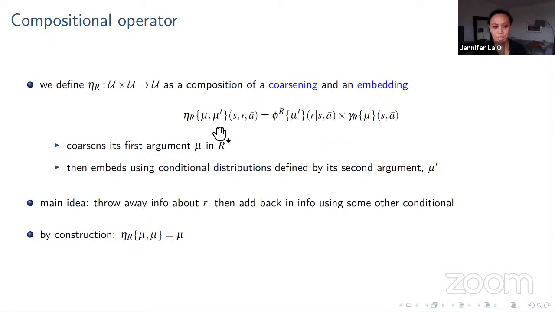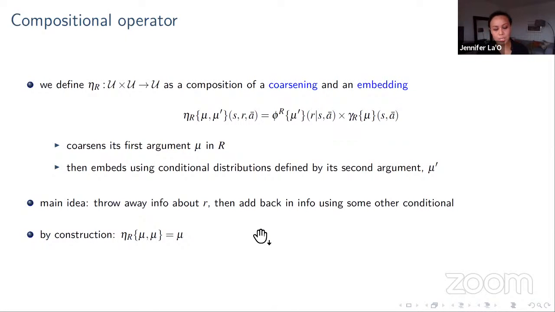It first coarsens its first argument in R, taking away all information about R, which gives you the marginal distribution over S, A bar. Then it embeds using the conditional distributions defined by its second argument, mu prime. So I'm replacing the conditional distributions of R conditional on S, A bar from mu with those of another distribution, which I'm calling mu prime.